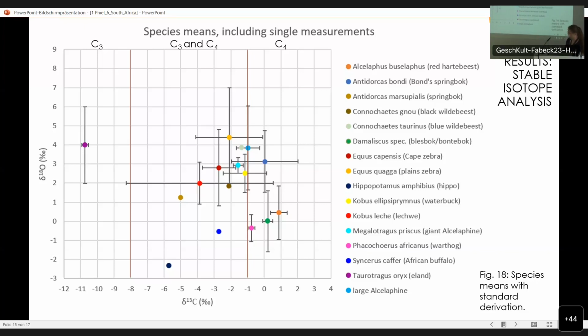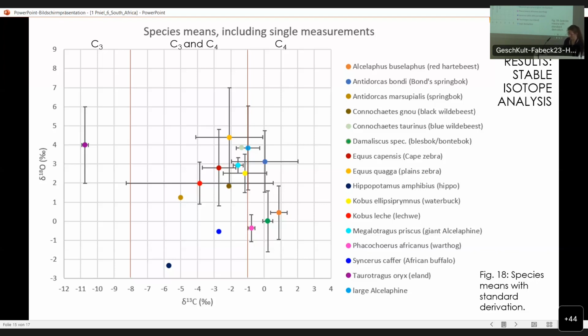All of these species are obligate drinkers, but browsers normally drink a little bit less than grazers, so this could explain why the eland is also quite high in oxygen, but still, for example, the plains zebra is higher, so we don't know. It's not that clear, actually.